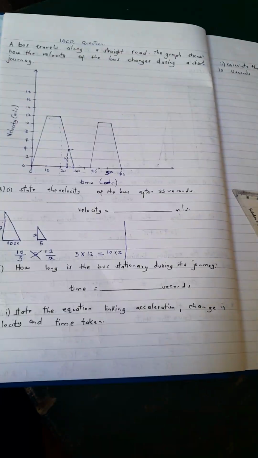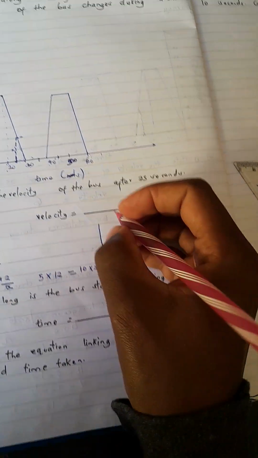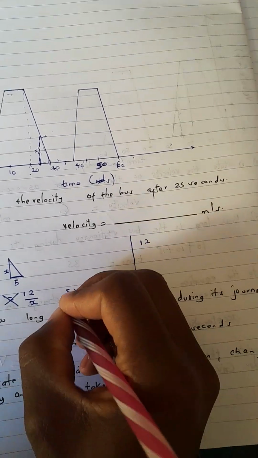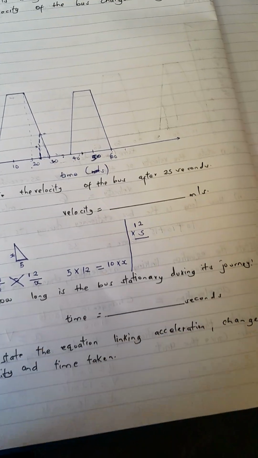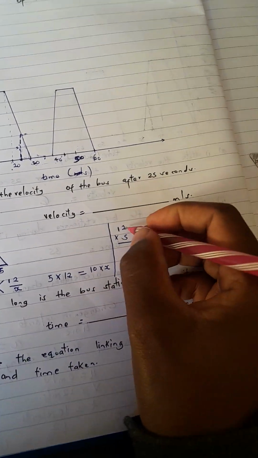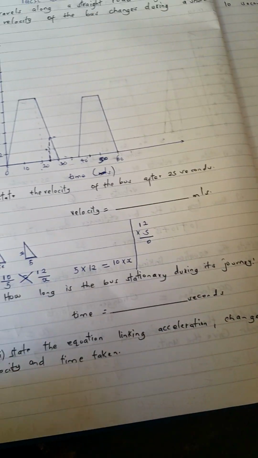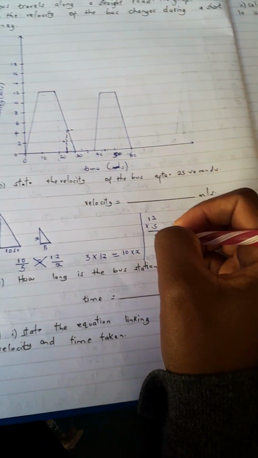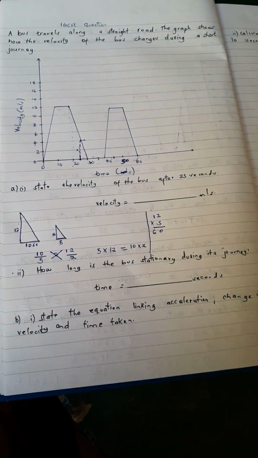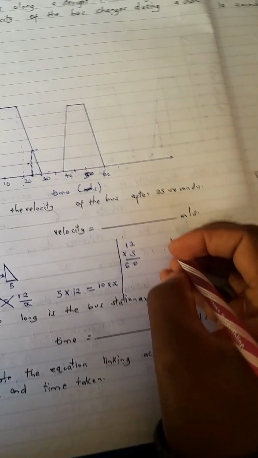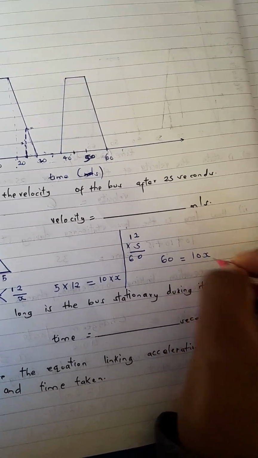So let's work this out. What is 12 times 5? 2 times 5 is 10, write 0 and carry 1. 1 times 5 is 5, plus 1, 6. So it is 60. So we say 60 is equal to 10x.